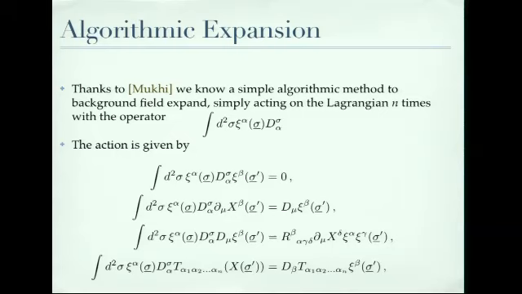So for one loop we only need second order, so we apply this twice, and we can work out the rules for how this acts on things in the Lagrangian. If we have a psi, it just annihilates it and so on. And you can see if we have a d psi, which comes out from acting on a dx, then we get a Riemann tensor. And that's going to appear at second order in terms like the Riemann tensor.